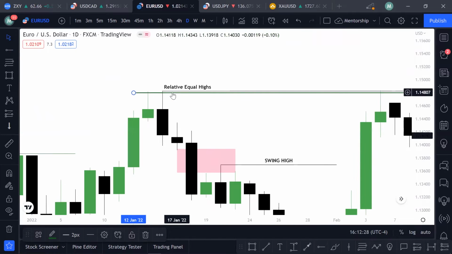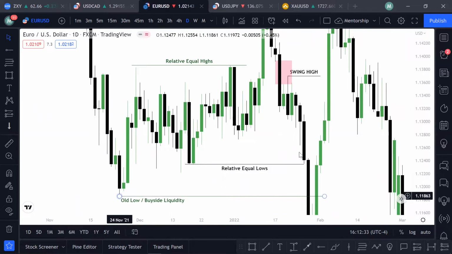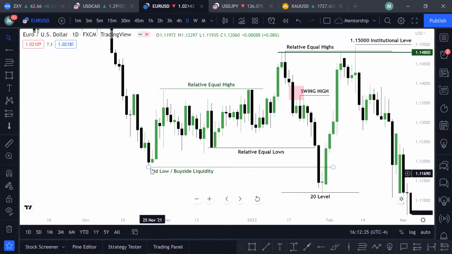If it does this on a daily chart, where are we putting your take profit? You see this old low here? You have your take profit here, from there to here.